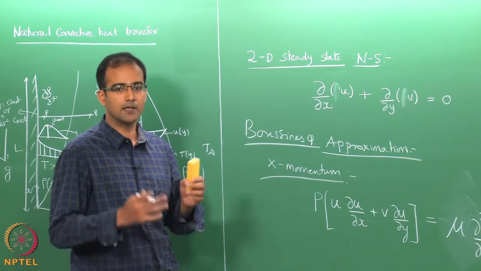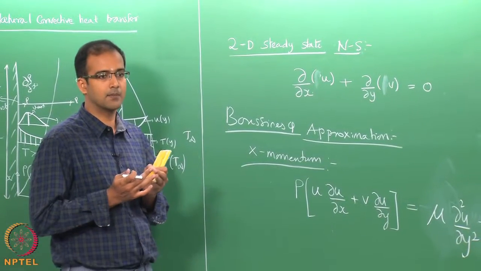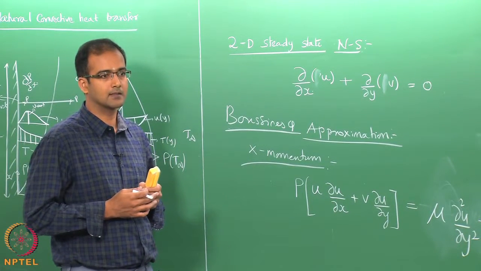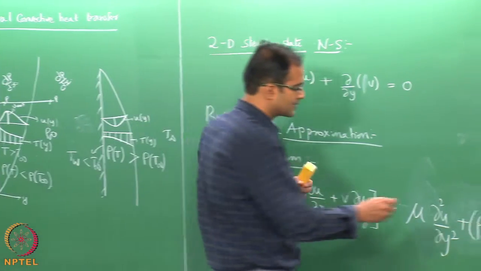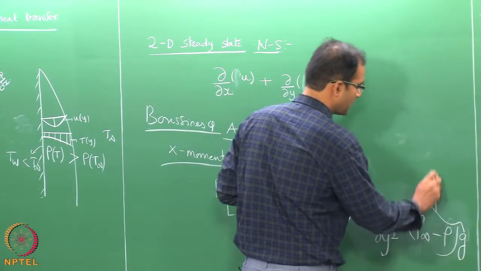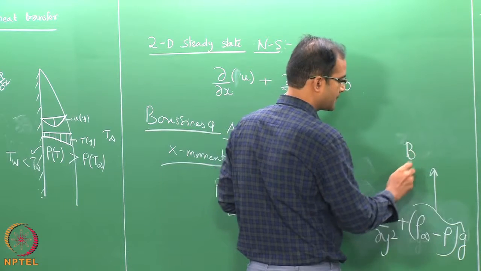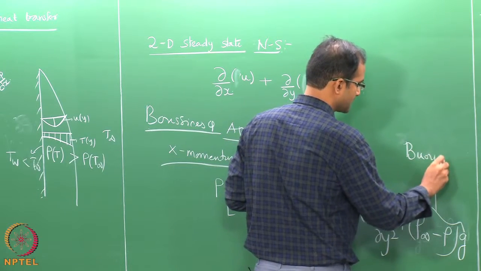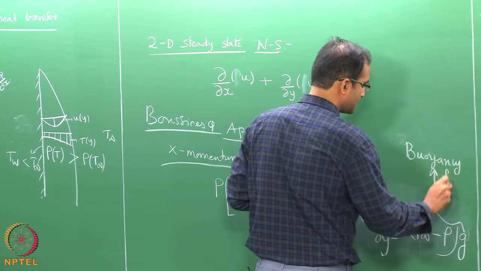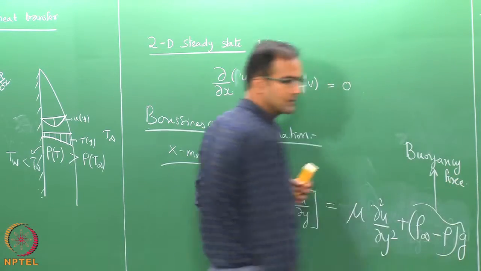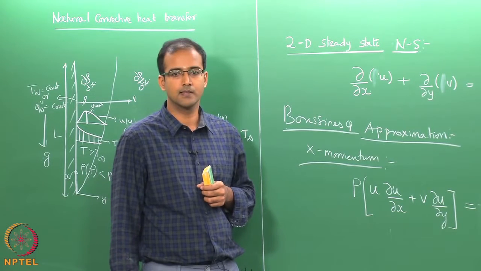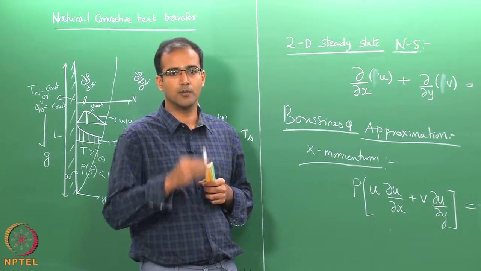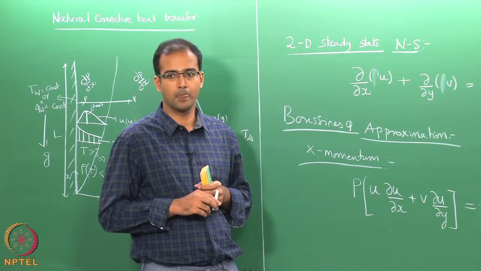The effect of rho infinity g is coming from dP by dx, and the default body force is rho g. So, this difference, rho infinity minus rho, what is this force? This is your buoyancy force. This is the net buoyancy force which is now driving the momentum in natural convection.